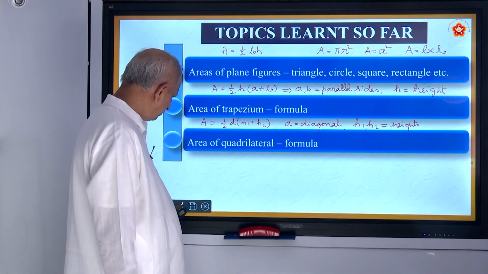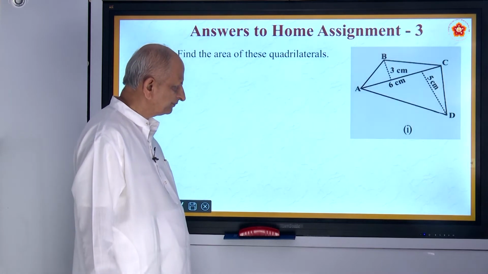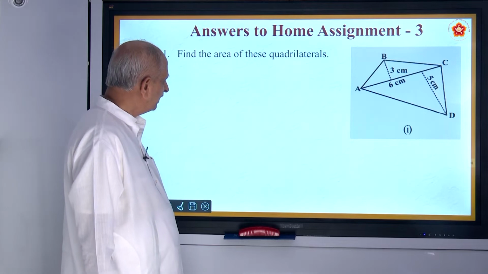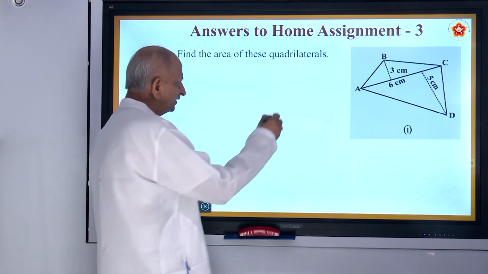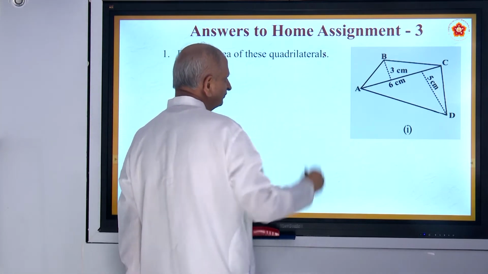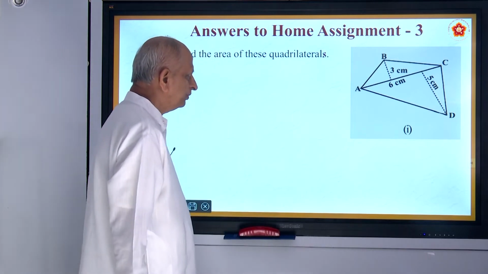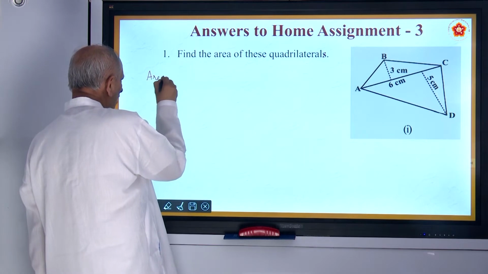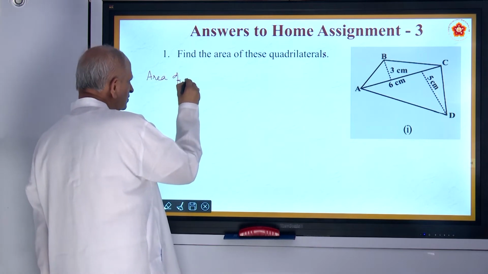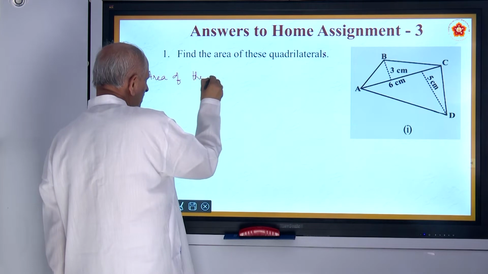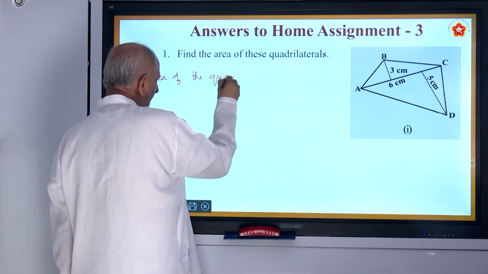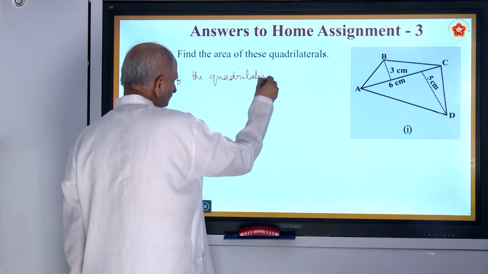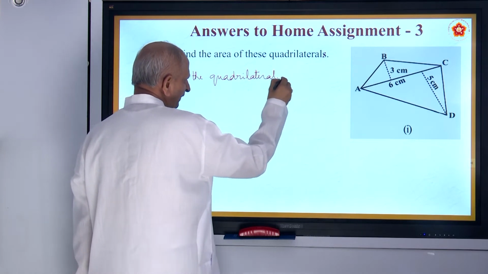Now, shall we go into the home assignments? There is one question here: find the area of the quadrilateral. What is the name of the quadrilateral? The area of the quadrilateral ABCD.